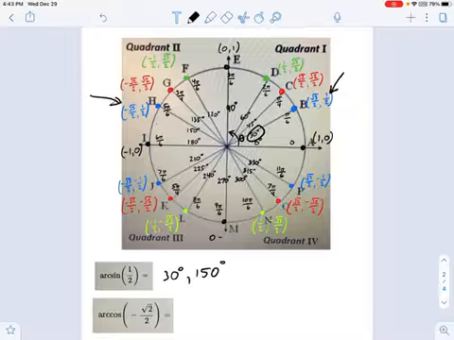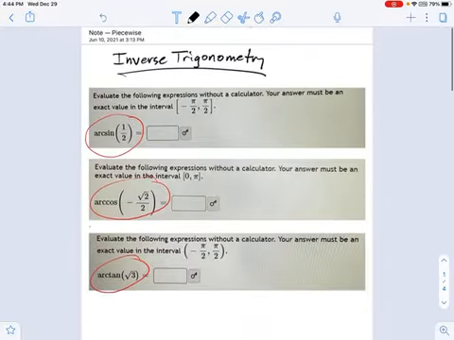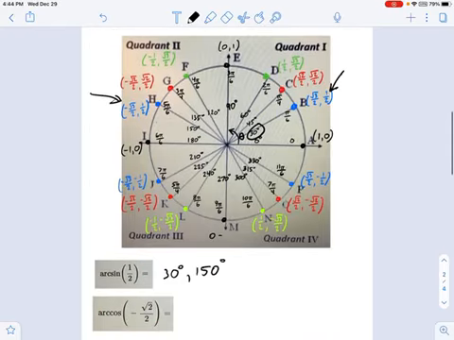It only wants you to answer in the particular quadrant of interest, which in this case is, in radians, negative pi over 2 to pi over 2. So first of all, 150 is in the wrong quadrant. And for 30 degrees, you should say pi over 6. So go in that way for all the rest of these problems.